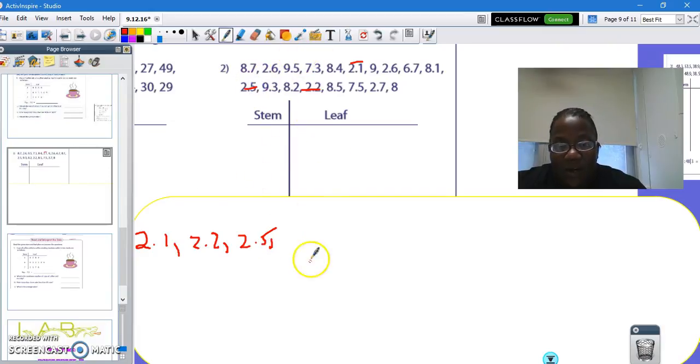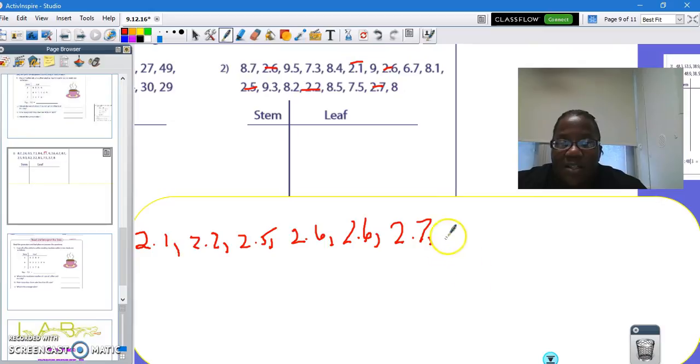Okay. And there's 2.6. There's one here and one here. So 2.6, 2.6. There we go. And then 2.7. There it is. 2.7.